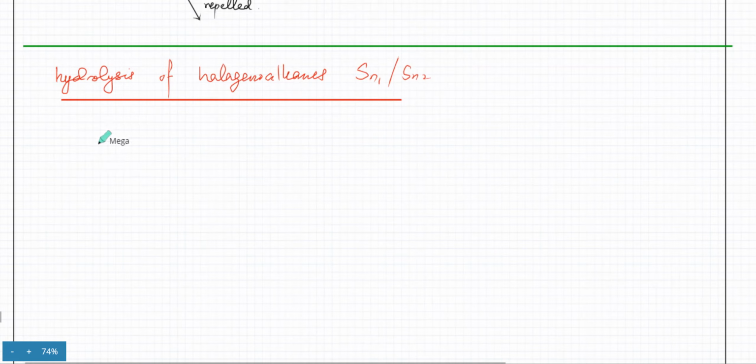I'm going to first write the reaction. If there is a Cl attached, the conditions are that you add NaOH aqueous and reflux.